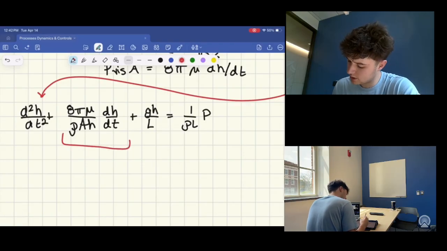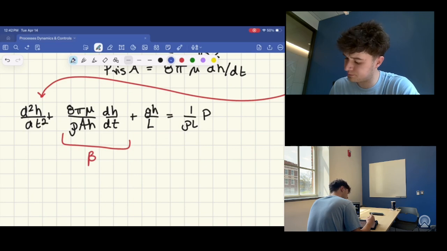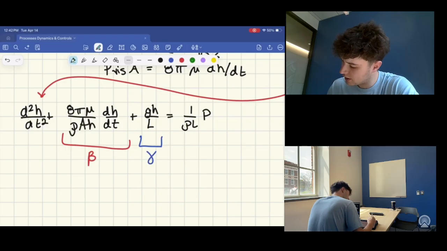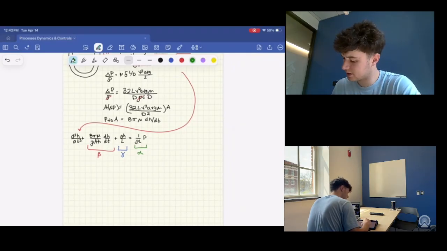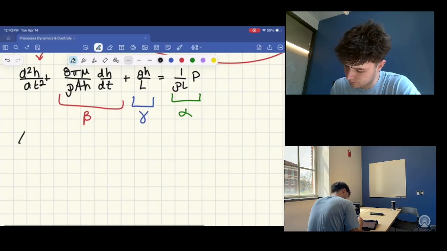And now we are going to actually rewrite this and label some of these. So we're going to label this beta. This term will be this, and this final term will be alpha. And so now we were able to break this down into a Laplace transform.